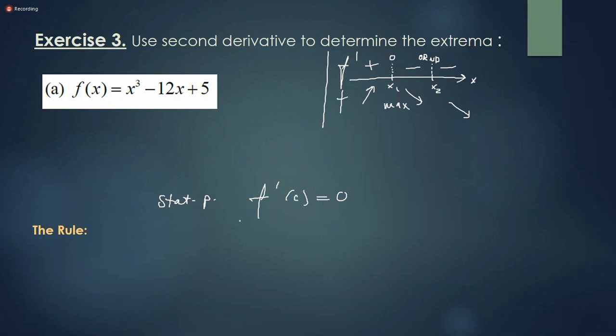Only when the first derivative is 0. So at this point, if the second derivative is positive, that means horizontal tangent and second derivative positive, a happy function. So we see that this must be a minimum point.